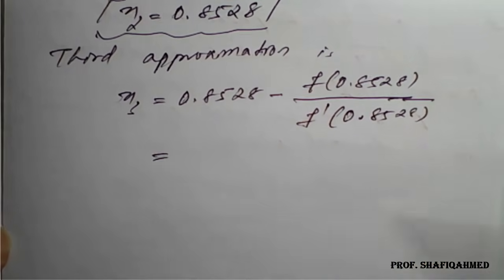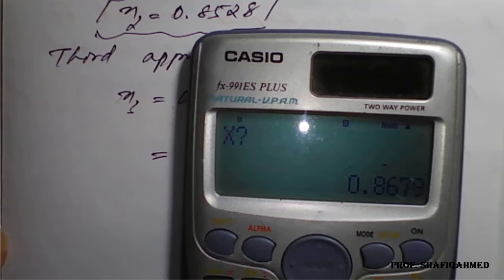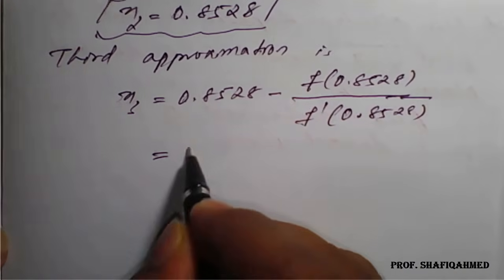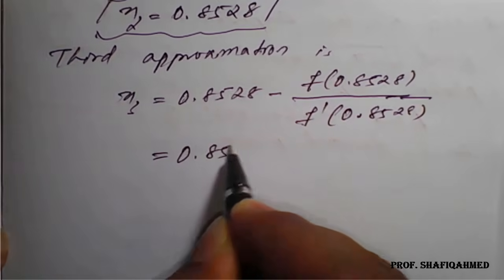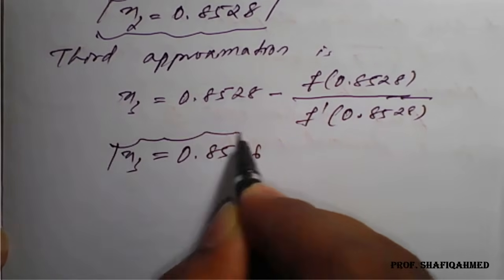We'll type this and see what answer we get. Calc option, 0.8528, and we see the answer. It is 0.8526. We got 0.8526.